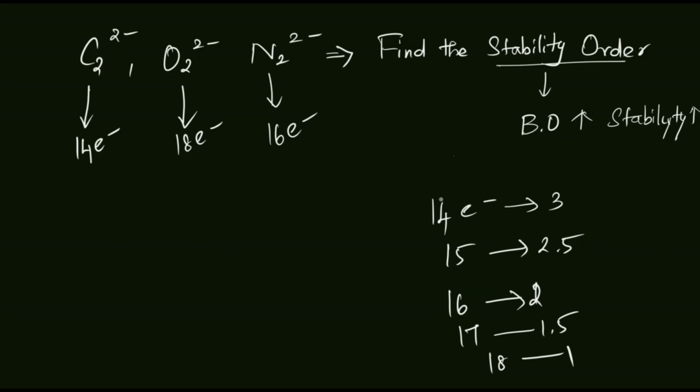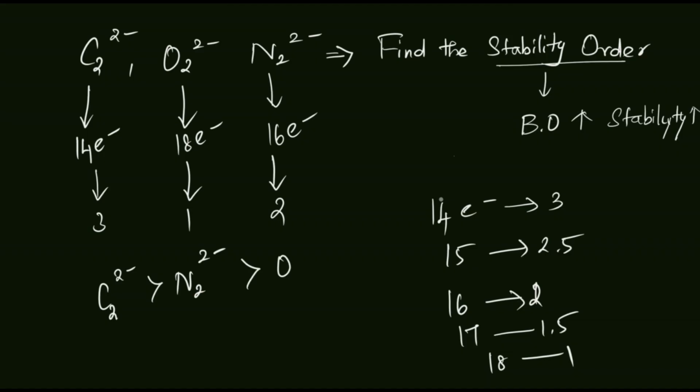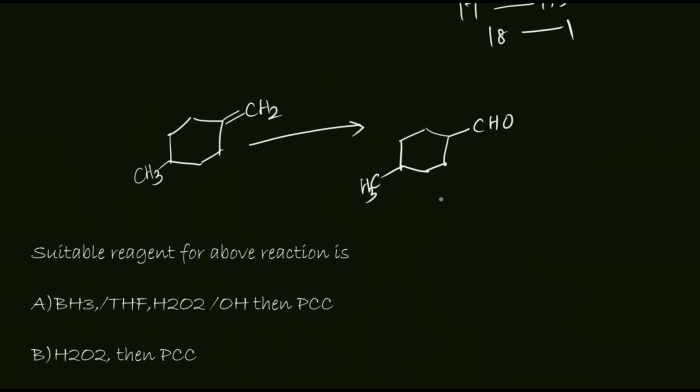Usually the questions will be asked like this, out of these categories. As you can see, 14 is 3, 18 is 1, 16 is 2. So what is the order? 3, and then comes N2 2- and then O2 2-. That is the stability order.